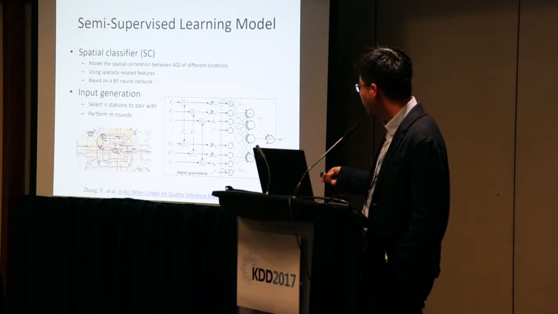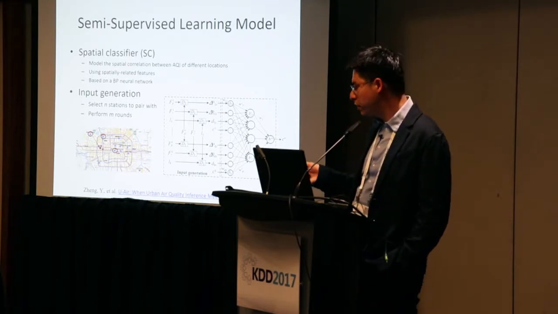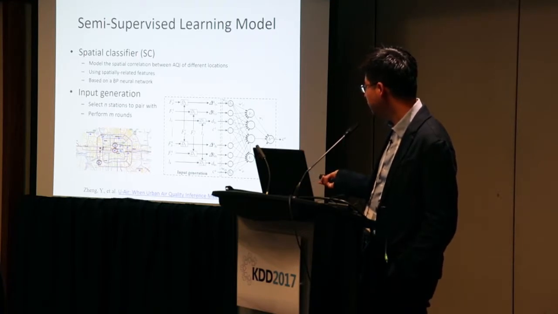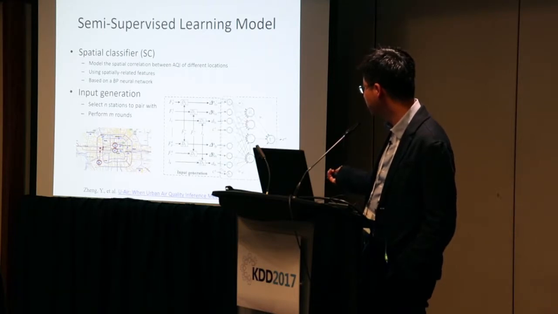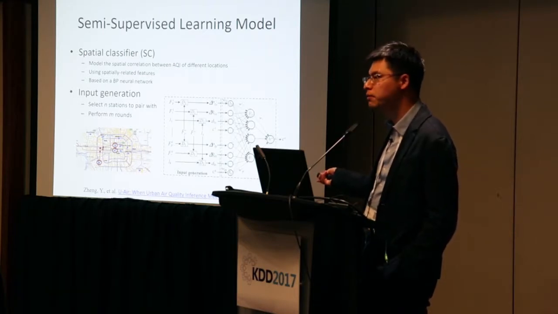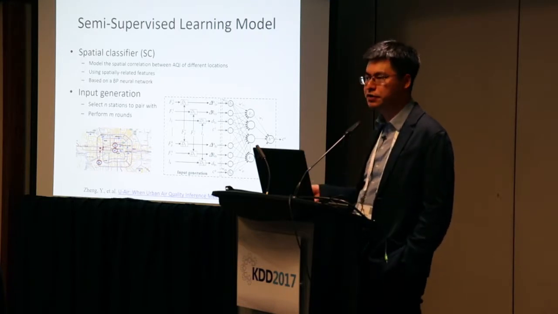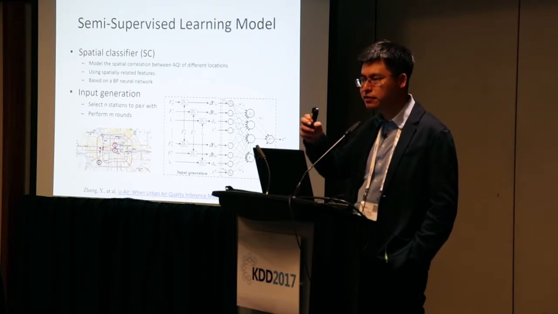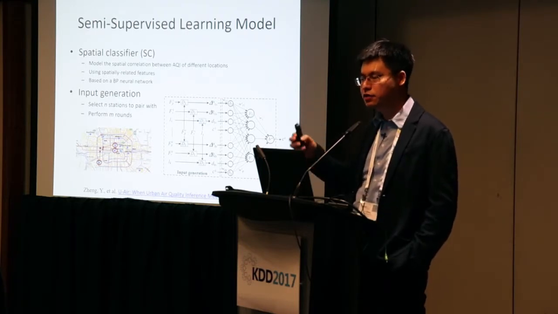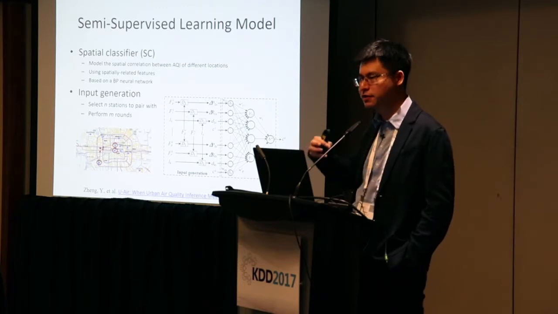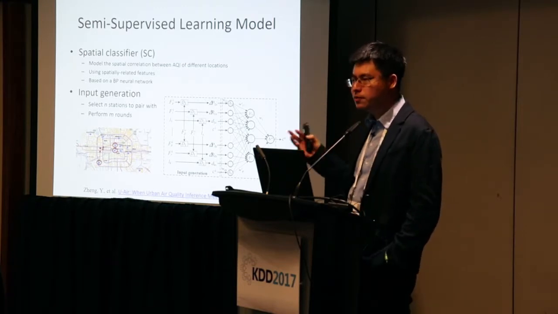But in order to generate more accurate results, we need to pair this location with multiple sets of stations, calculate their differences, and run them through the model to generate results. The training data for the model comes from the station data. That means we pair one station with 3 other stations and train the model. And also we pair this station with another 3 stations, until this model has been well trained.